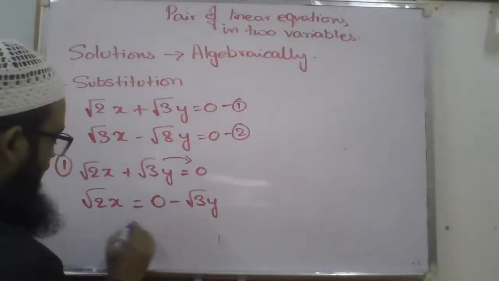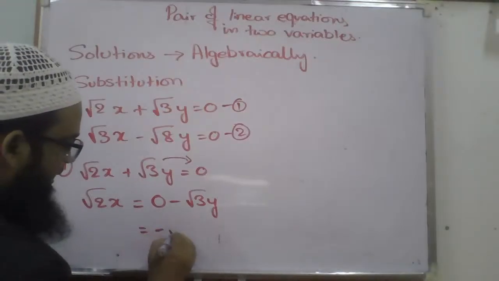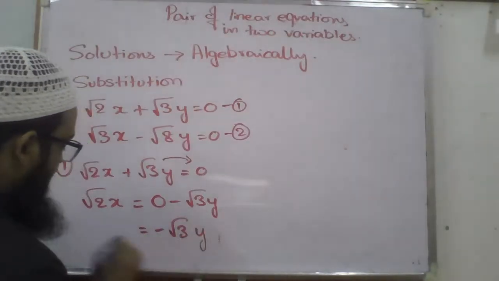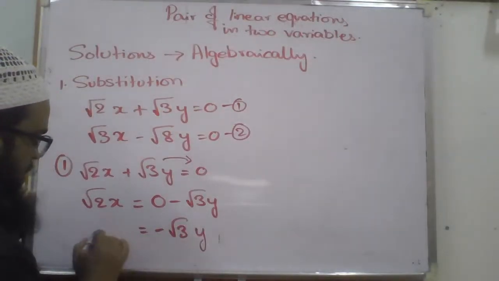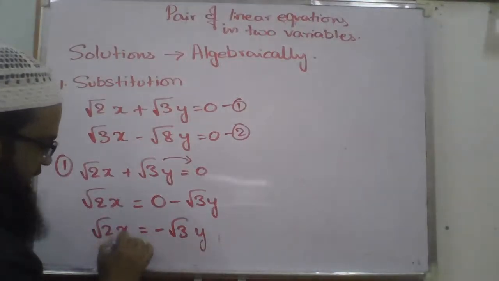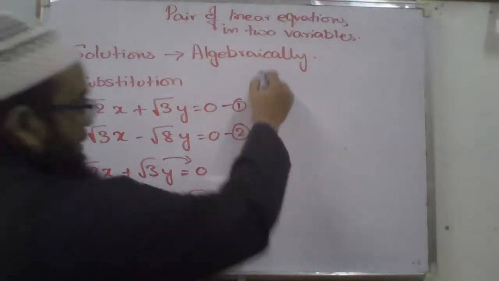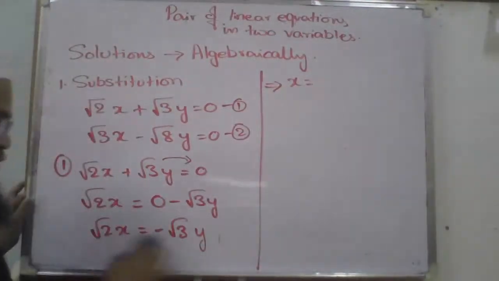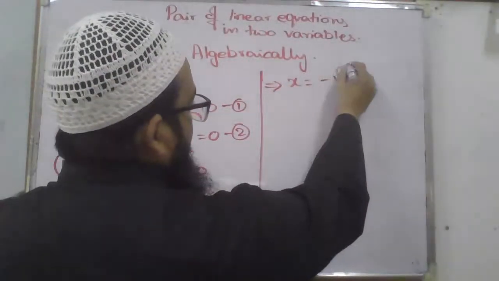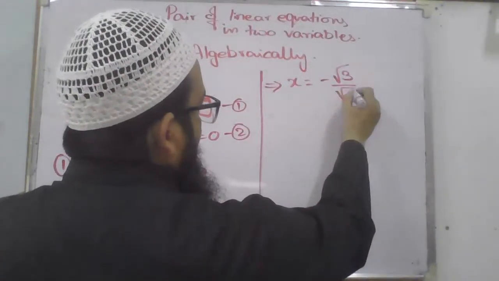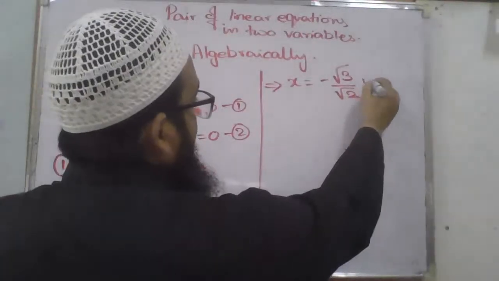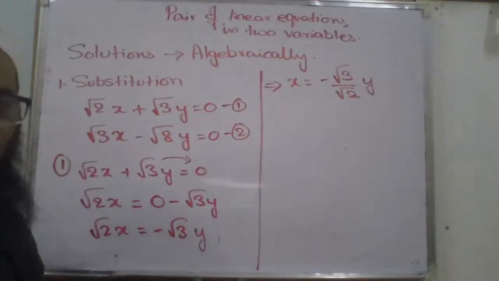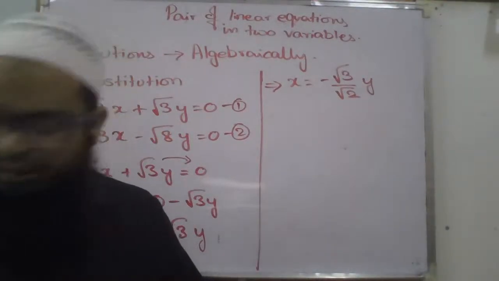So 0 minus root 3y is minus root 3y. So now root 2x is equal to minus root 3y. Now find out x is equal to root 3 divided by root 2 into y, with a minus sign. So you got the value of x, right?